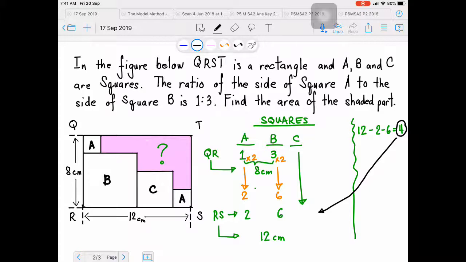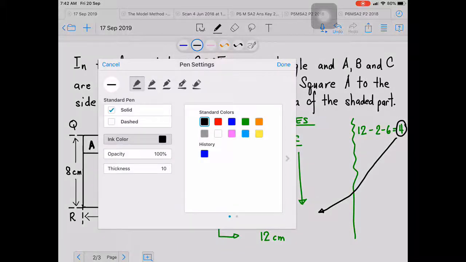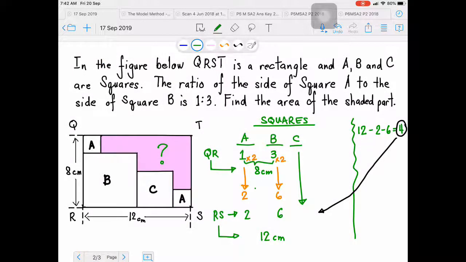There, it's 4 centimeters. And if we add 2 plus 6 plus 4 is 12. We have reconciled our issue this time.